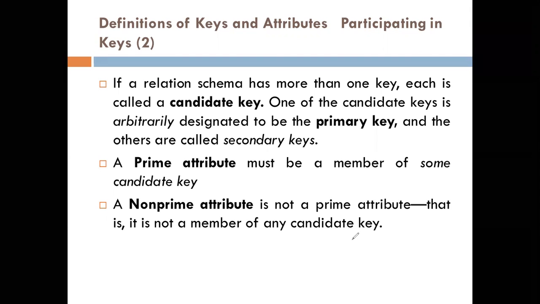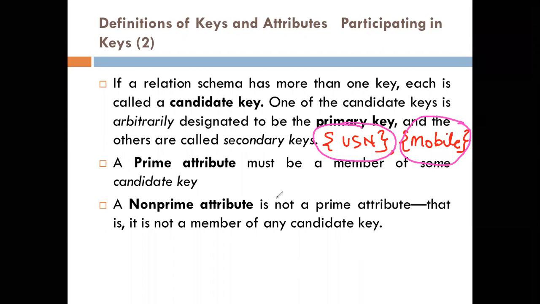One set of key is USN, and another is the mobile number. So if any relation has more than one key, then each of them is called a candidate key. Which means USN is one candidate key and mobile number is another candidate key. So two candidate keys are there.